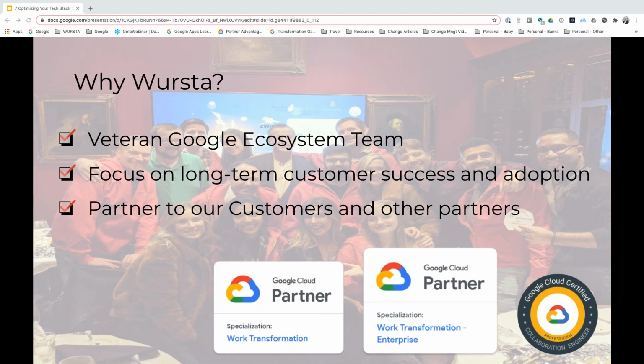And tying this all back to the idea of putting forethought into your collaborative efforts, this really means that in addition to our customers, Google trusts us and has certified us to work through collaboration design projects at the enterprise and SMB level on their behalf, right, along the Google platform.